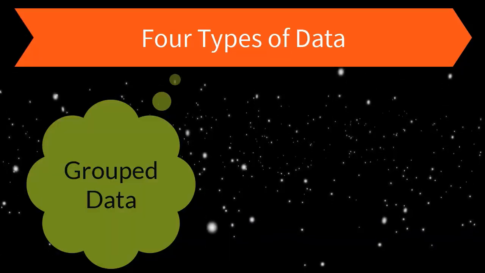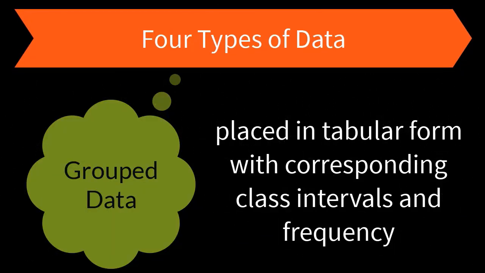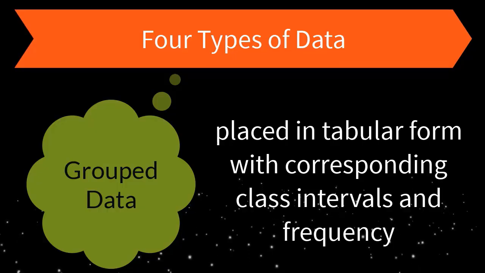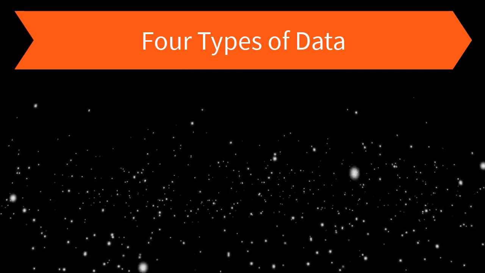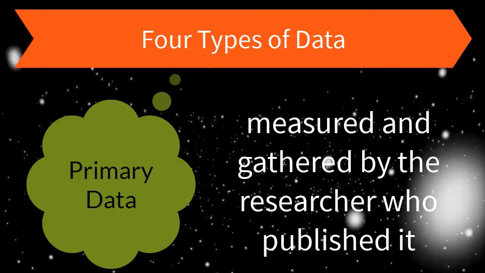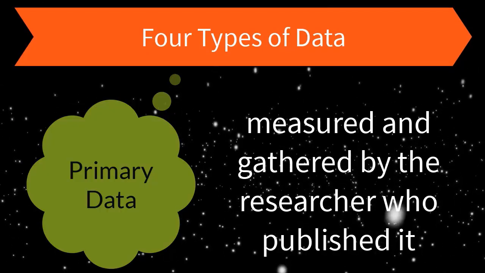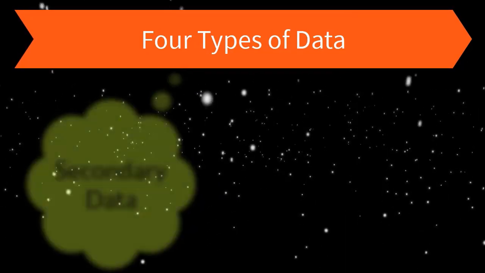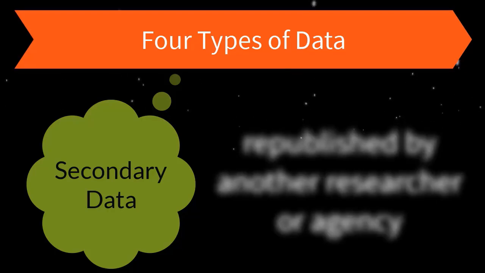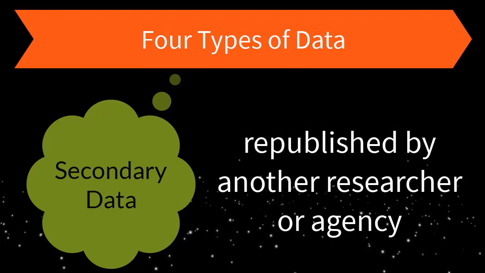This data is placed in a tabular form and characterized by class intervals with a corresponding frequency. Primary data. This data type is measured and gathered by the researcher who published it. And secondary data. This type of data is republished by another researcher or agency.